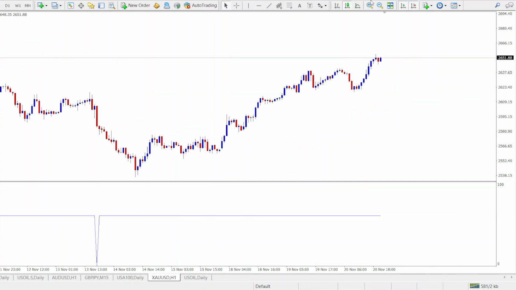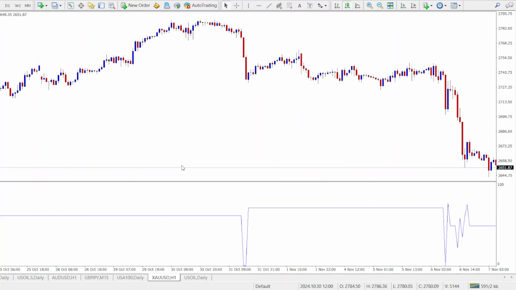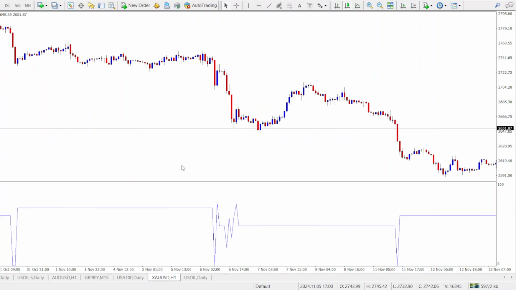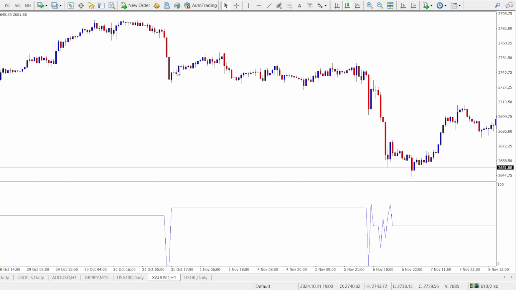The Momentum Pinball Indicator functions with momentum. When you have a strong moving market, when the price action is strong and the momentum in the market is strong, you're going to see a sharp movement.